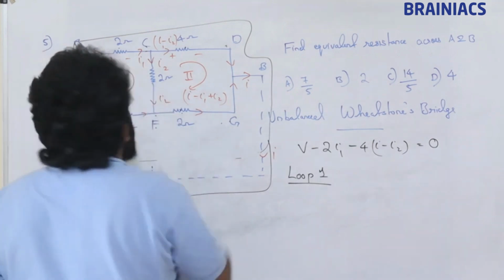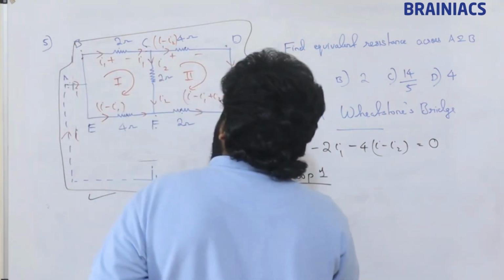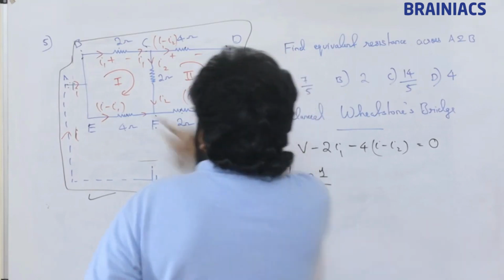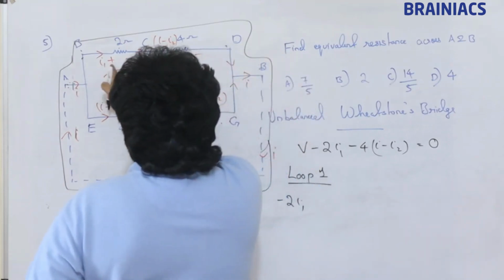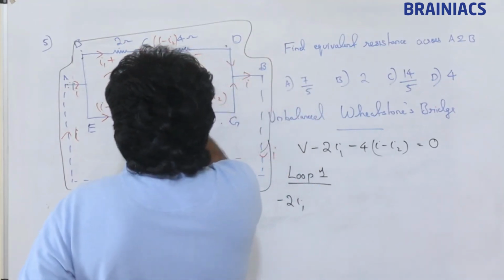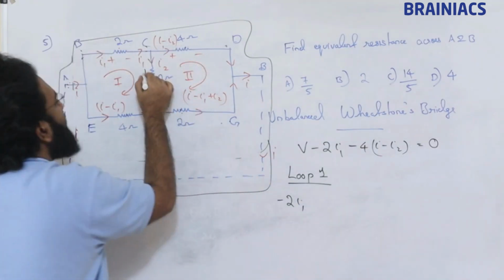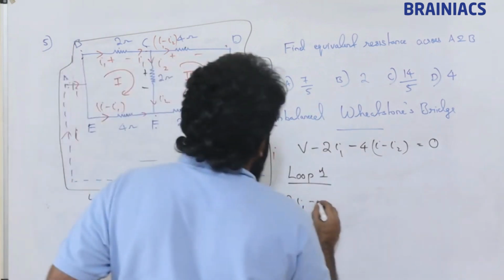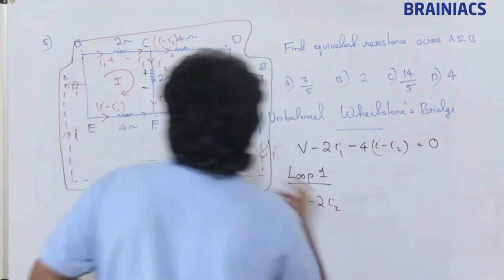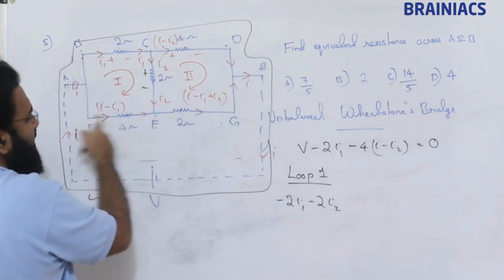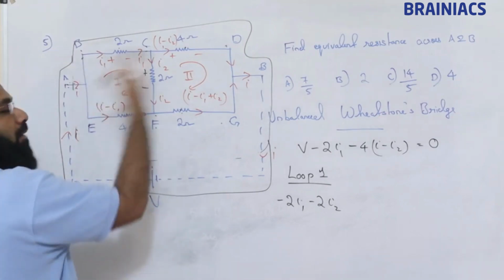So for the first loop, clockwise, minus 2I1, here minus 2I2. The current direction is given like this, plus minus. This is not like our previous loop.